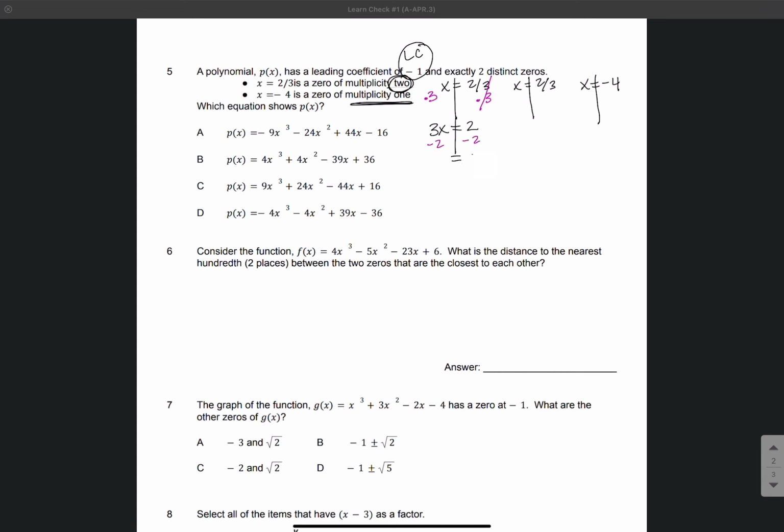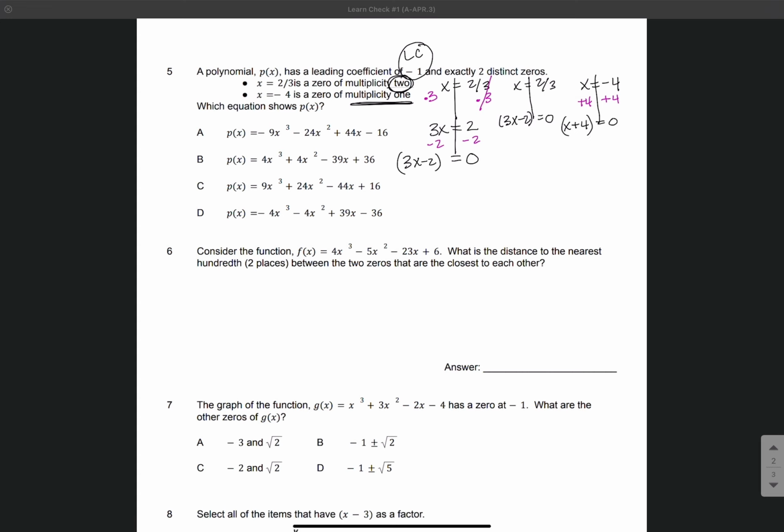So remember, we wanted the right side equal to 0, and then the left side is 3x minus 2, so that means that's a factor. We don't need to do it again for this one, so we're just going to write 3x minus 2. And for this one, all we would need to do is add 4 on both sides. So x plus 4 is equal to 0. So now we have another factor.